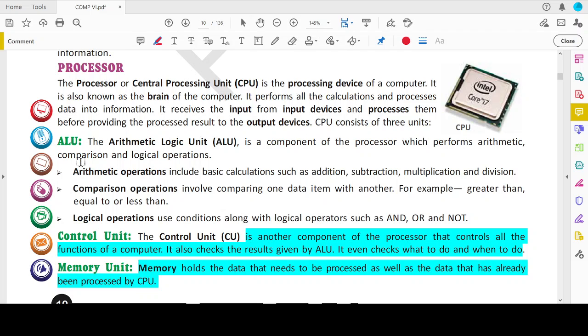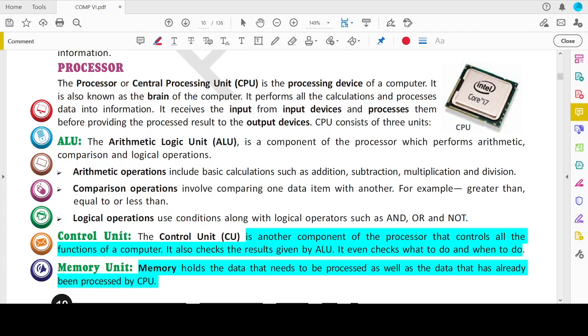And when you want to check whether one number is more than the other, you are doing some comparison. Whether one number is equal to the other, you are doing some comparison. That is, comparison is also done by the arithmetic and logic unit. And the logical operations, that is, logical and, logical or. These are also done by the arithmetic logic unit of the computer.